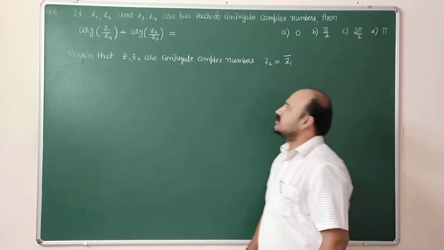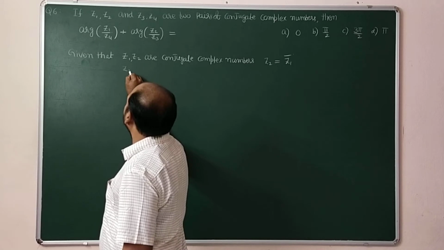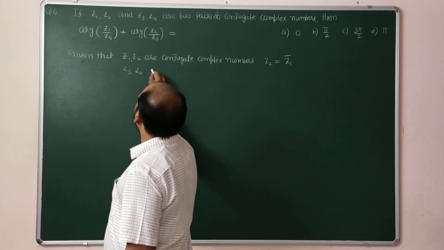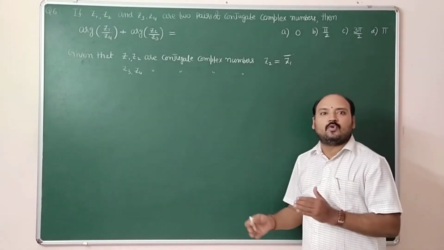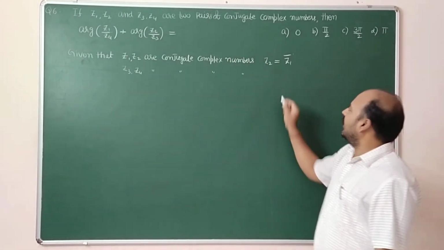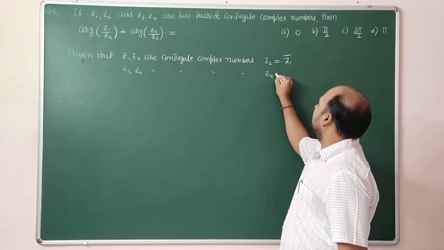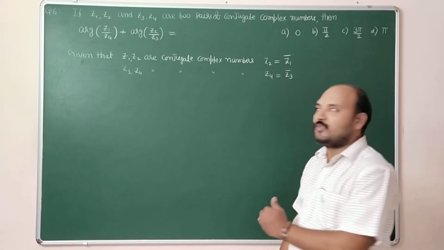We can write like this. Similarly, Z3 and Z4 are conjugate complex numbers, then we have Z4 is equal to Z3 bar.